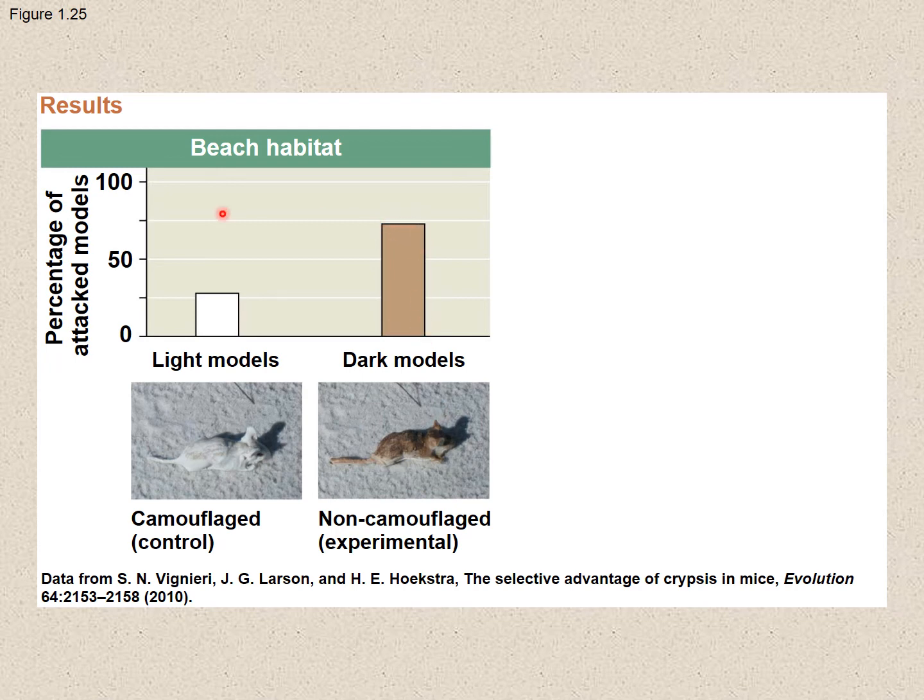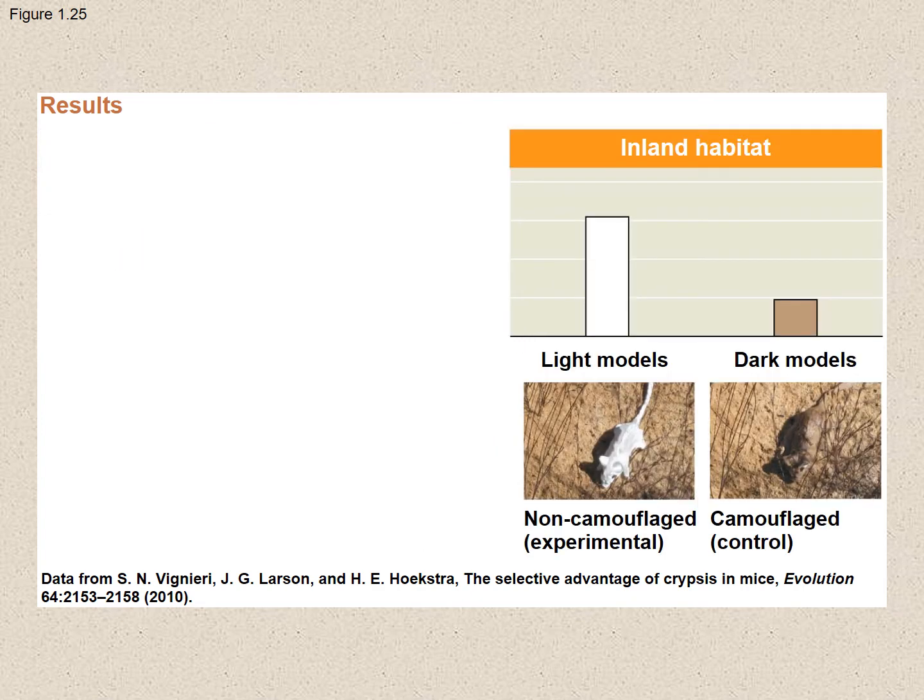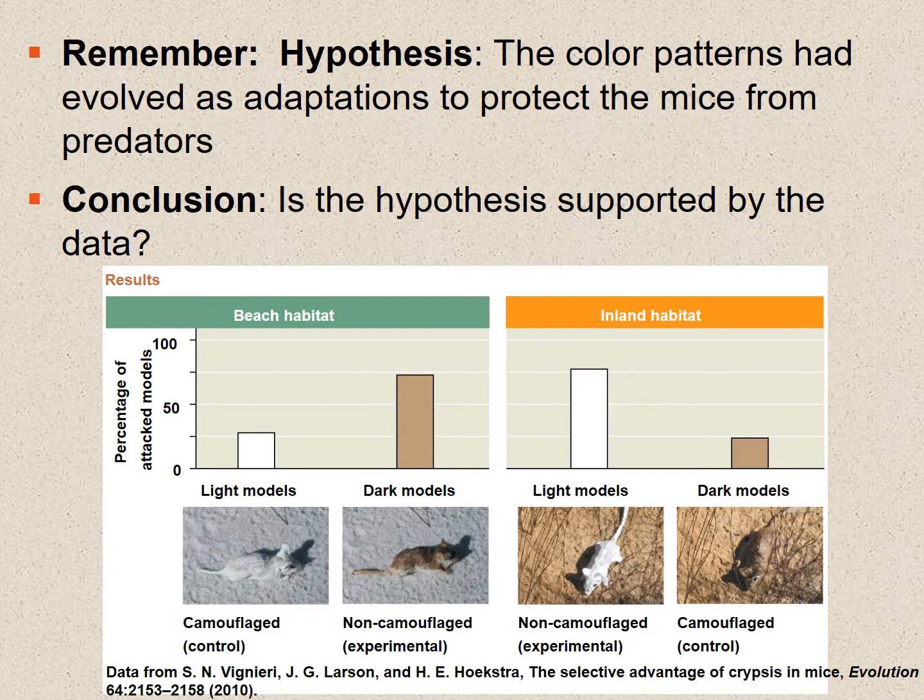Almost 75% of the dark models had signs of predation, and just over 25% of the light models. Look at the inland habitat. You would expect the light models to have more signs of predation than the dark models, and that's exactly the case, right? Over 75% of the light models had signs of predation, and just about 25% of the dark models in the inland habitat.